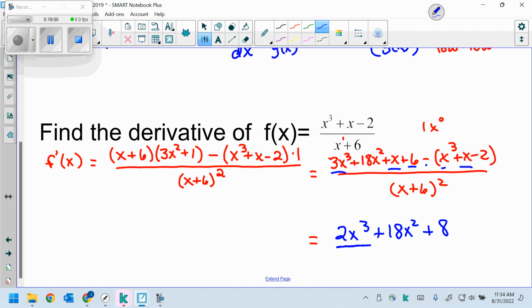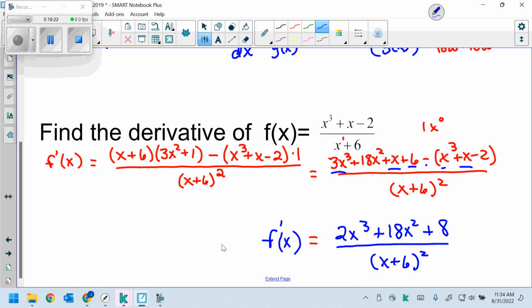Over x plus 6 being squared. So hopefully I haven't made any mistakes. If I have, hopefully you fixed them. That is what the derivative would be using the quotient rule.